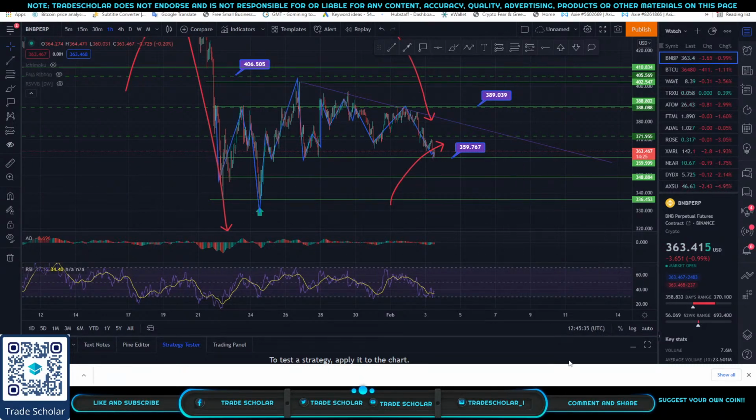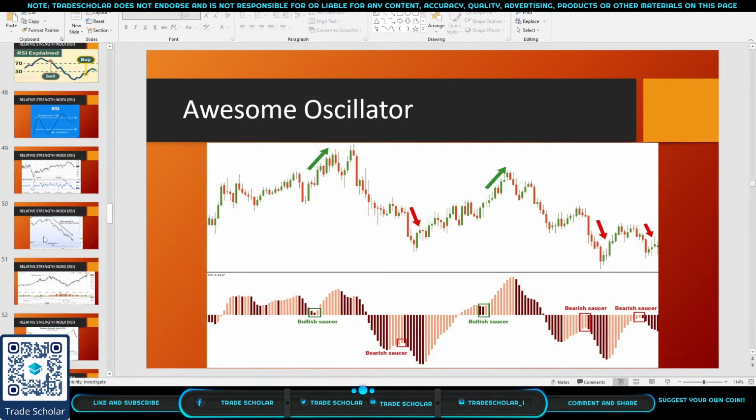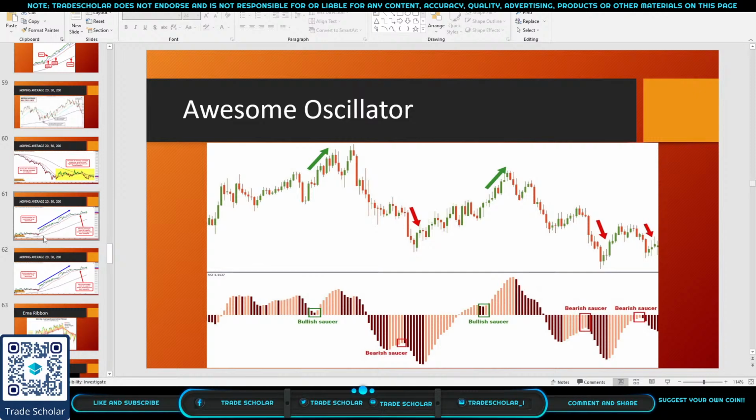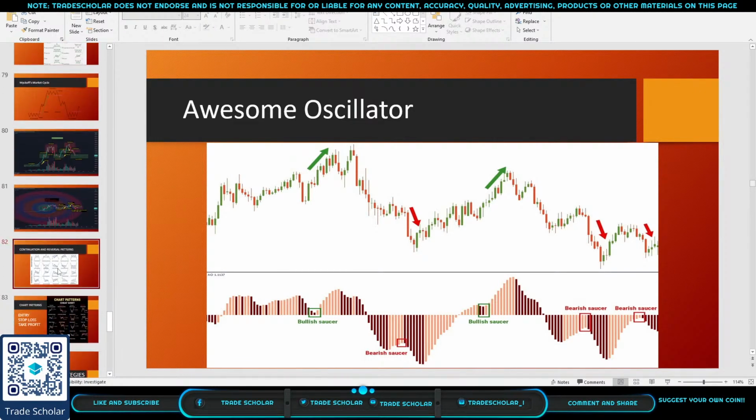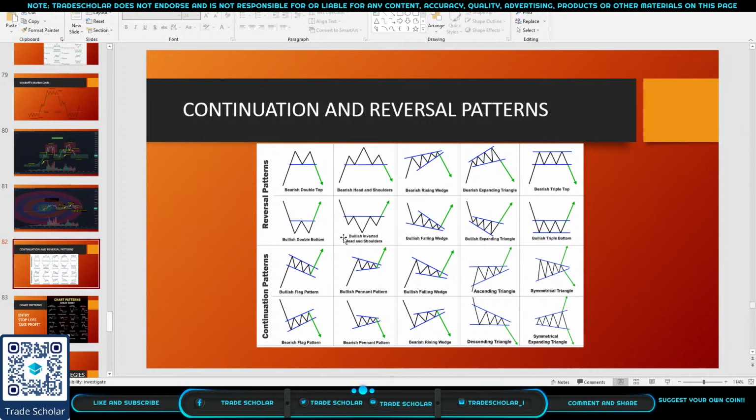Okay. What pattern are we looking at? Let's check. Okay. It's pennant, right? Pennant. Or this one, pennant right here.